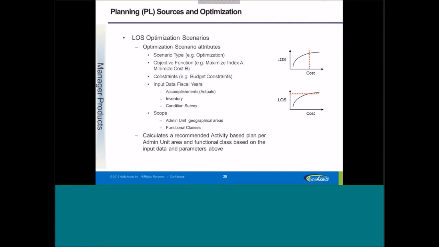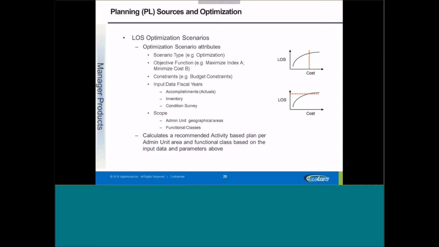Most of the other ones are relatively self-explanatory. You've probably heard of level of effort planning before. So let's spend some time looking at the actual optimization scenarios for maintenance. And for those of you possibly doing optimization on your, say, pavements, this is a little bit different.